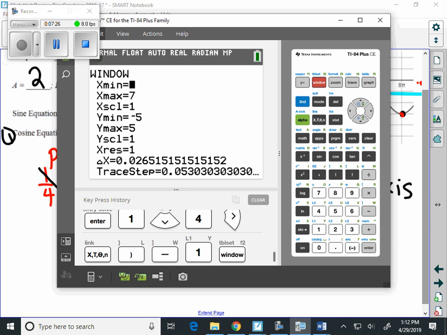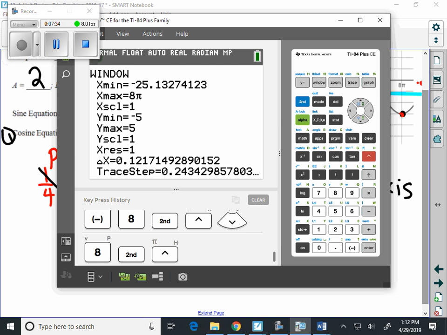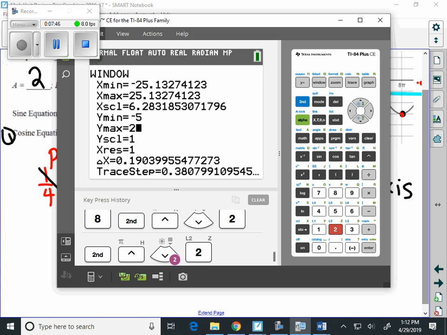So our window here, on our picture, we went from negative 8 pi to positive 8 pi. And our increment on the graph is 2 pi. And then we went from negative 5 to positive 2 on our picture.